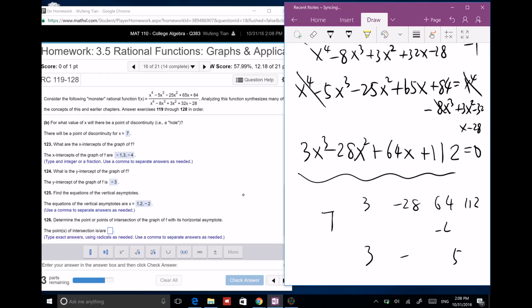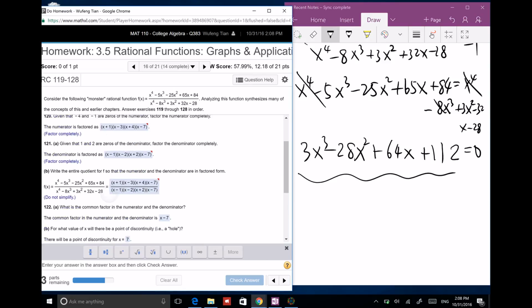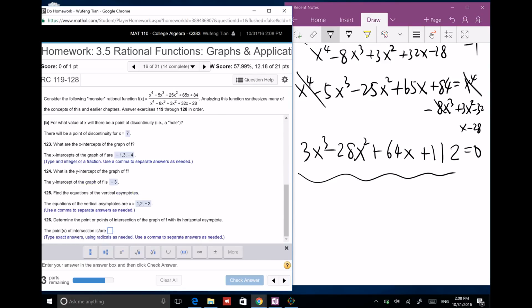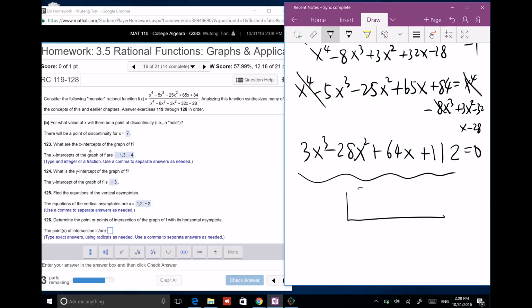You can use the graphing calculator and graph this to get the roots, because it is a cubic function. You have to try at least one first. I just tried several. It does not work.